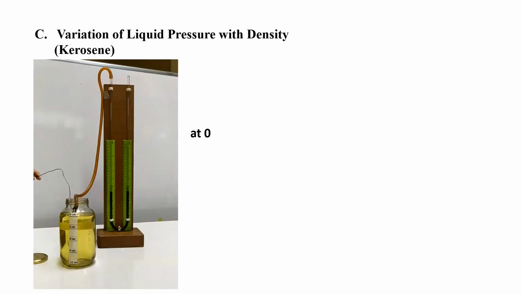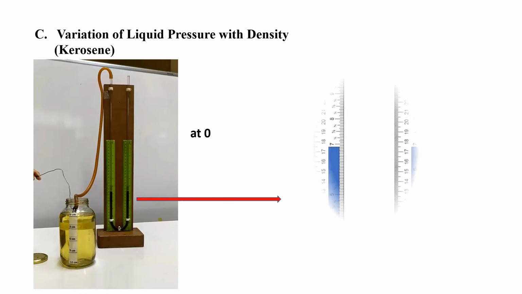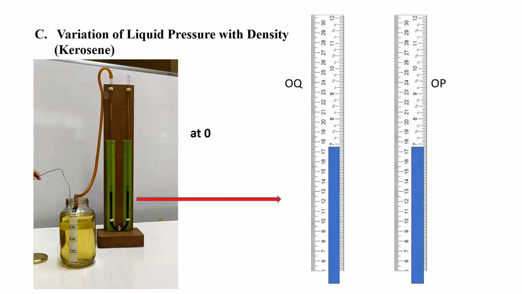Now part C, variation of liquid pressure with density. So this time we'll be using kerosene. So take note of the probe that it is upside down and its position first at 0 centimeter mark. Now at 0 centimeter mark, read and record the height of the column of water in this expanded view.